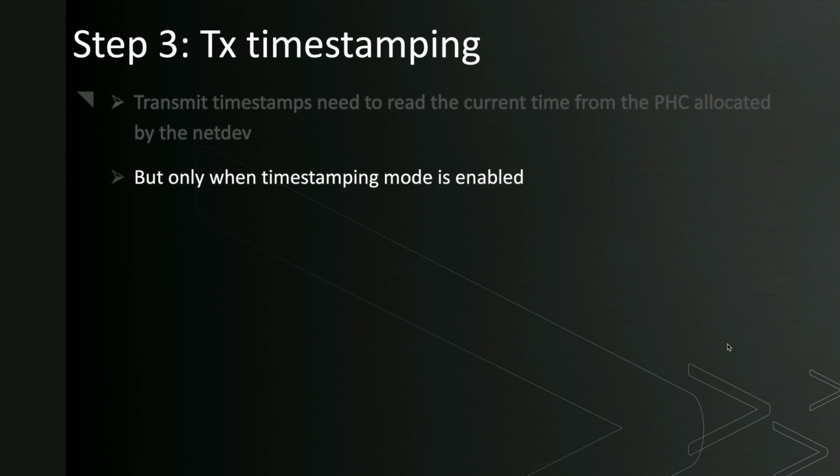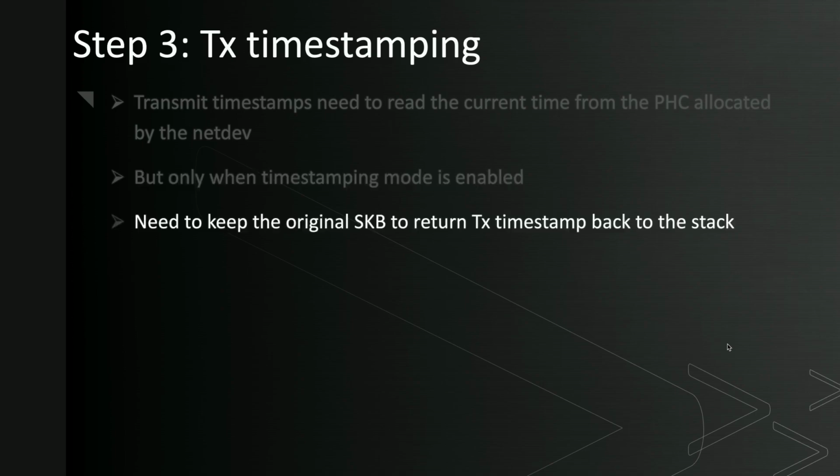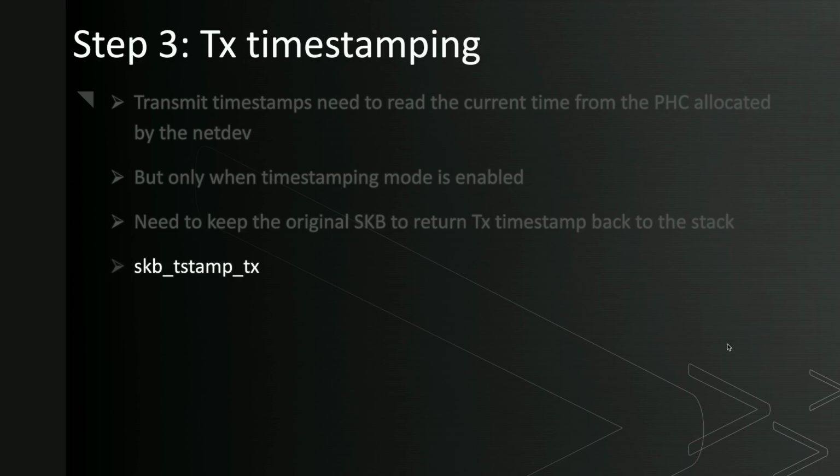We are doing it only when the timestamp is enabled. And we need to keep the original SKB, return the timestamp back to the stack. As I mentioned before, when we are doing this forward, we are losing the access to the SKB. So we are making a copy of our SKB to make sure that timestamp can be provided back to the stack. And using this routine, we can provide a timestamp value back to the stack and then to the application through the error queue.